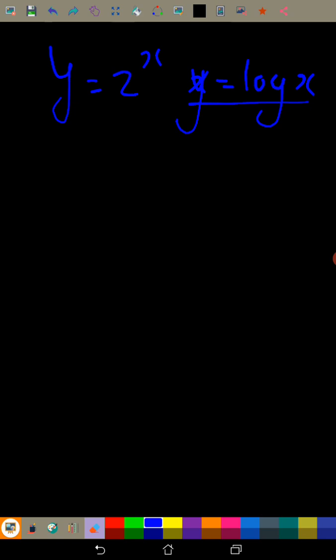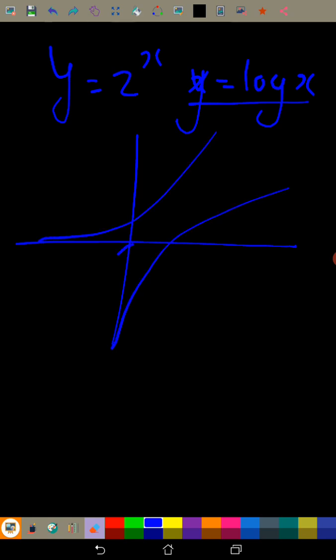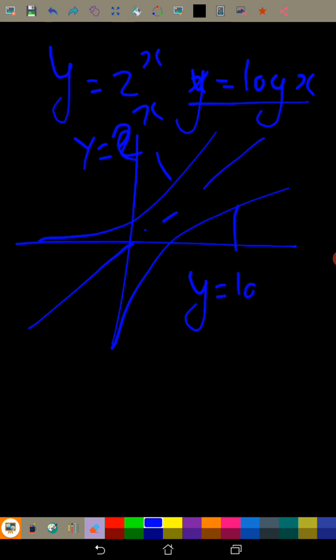That was very difficult for me to read, as you've heard. Let me just redo this. Let's say we have y is equal to e to the x, not 2 to the x here, and therefore y is equal to log x.